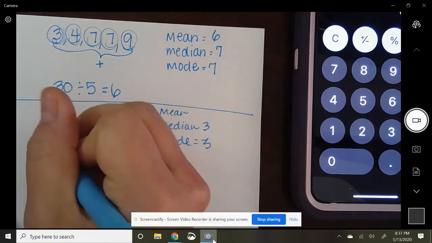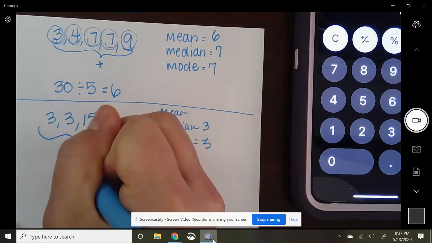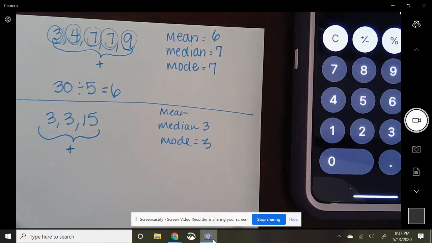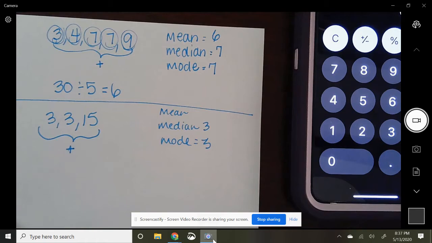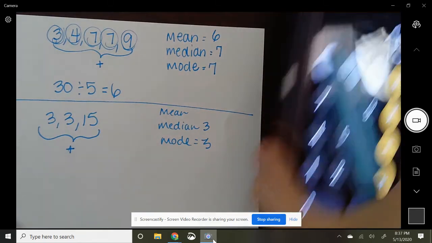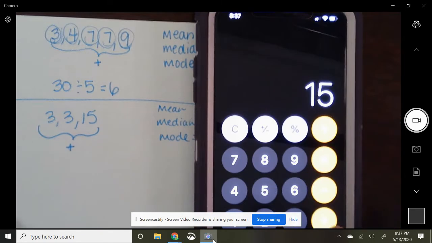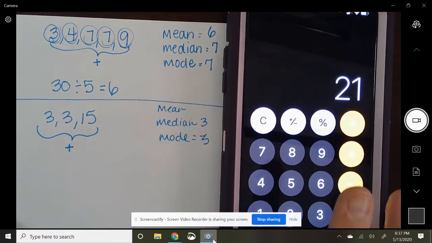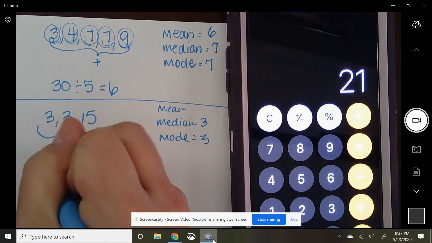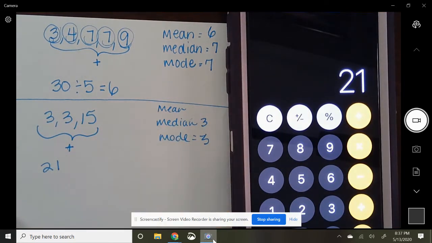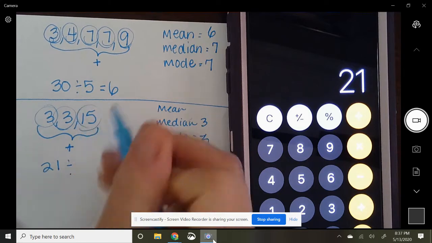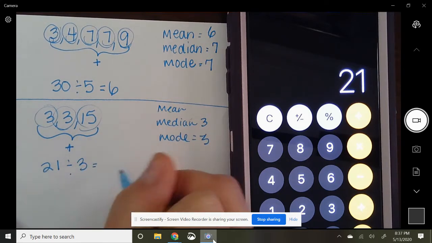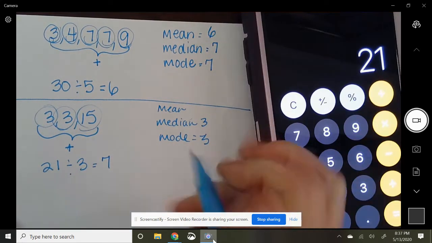Mean, I'm sorry to be mean. We have to add and divide. Add that up. So that is 15 plus 3 plus 3, or 15 plus 6. So if you are not confident with your adding skills, check it out, 21. And then I have to divide by the number of numbers in my data set. I have 1, 2, 3. 21 divided by 3 is 7.